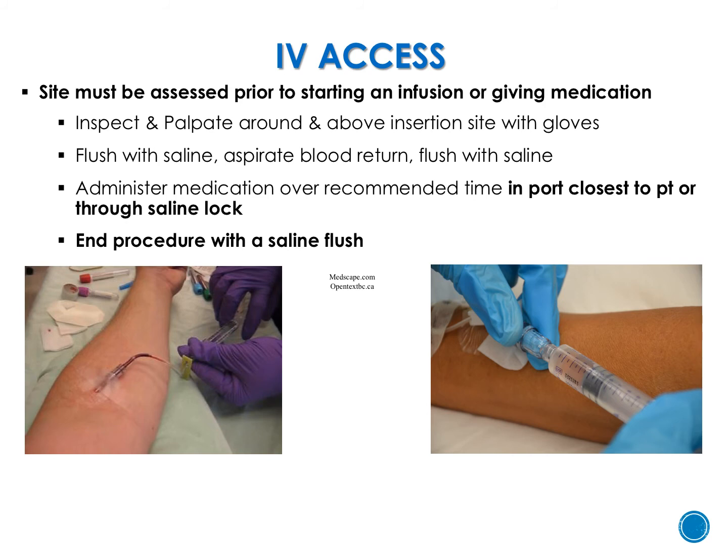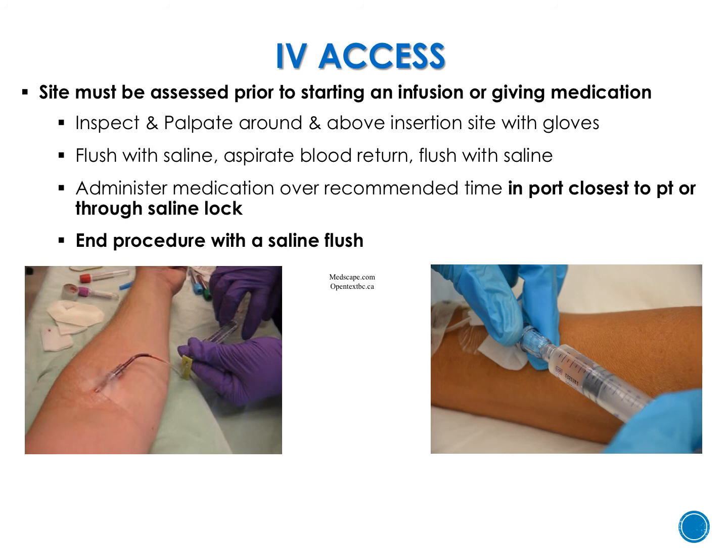The first picture that you see on the left is of the nurse aspirating for blood return. That gives us a good indication that the IV catheter is still in the vein. Then you need to flush that blood back through the catheter with another 2 to 3 milliliters of IV fluid.